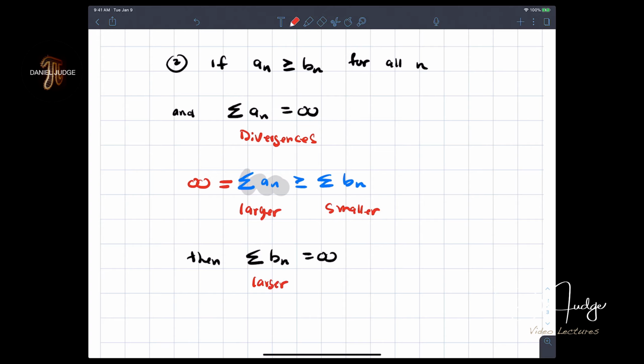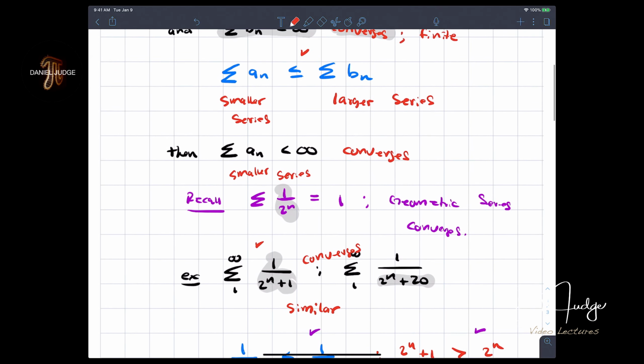So in any way, let's double check the notes. Let me write it exactly the way your book does, because I don't want to confuse you guys, and I want to keep it the way the book is. So let me double check here.